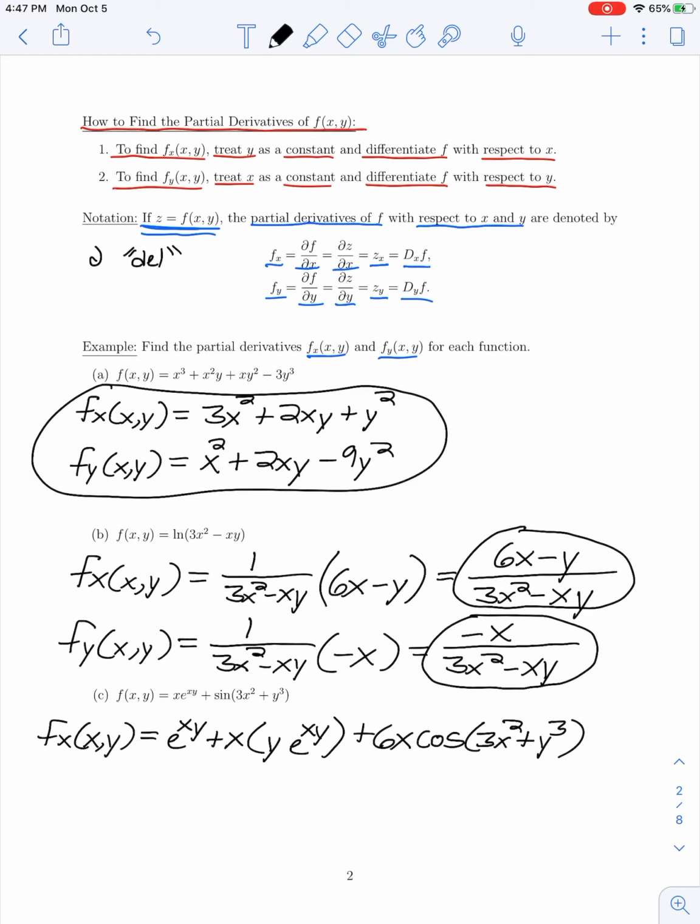So simplifying a little bit here, from the first two terms in this partial derivative, I could factor out an e to the xy, and I would be left with 1 plus xy, plus 6x cosine of 3x squared plus y cubed.